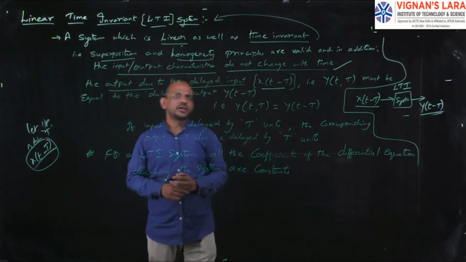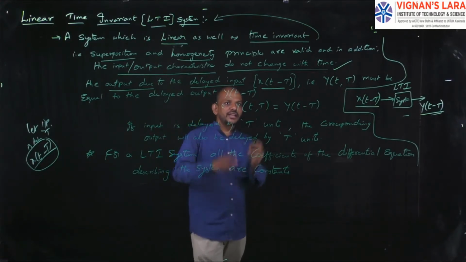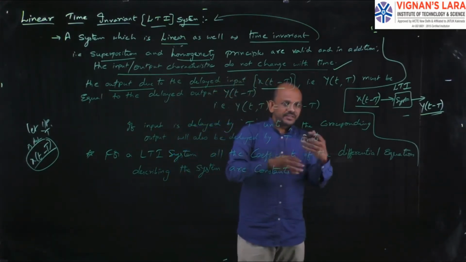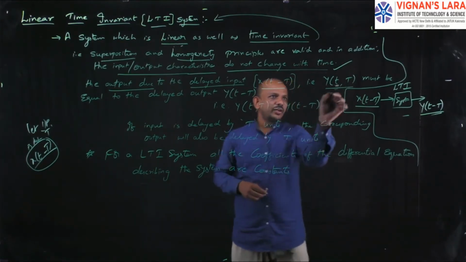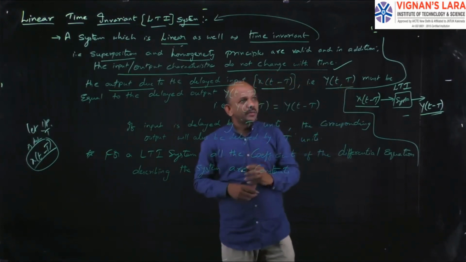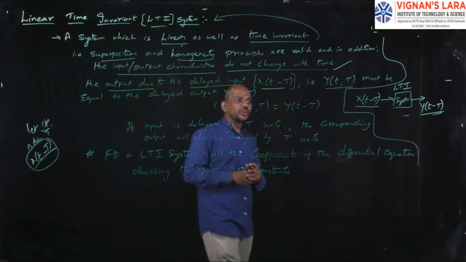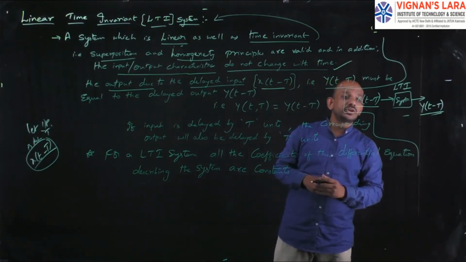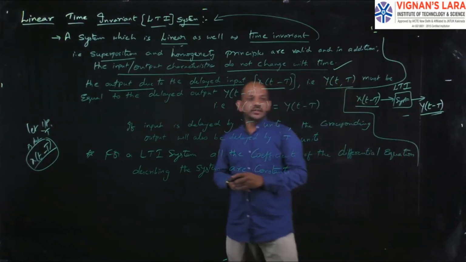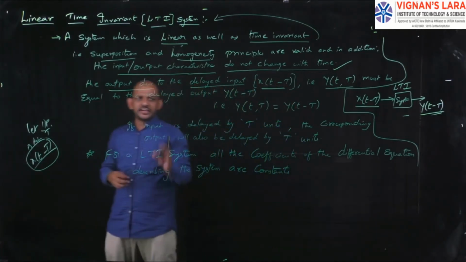Simply, the output due to delayed input. Here the delayed input is this one, and I am representing that as y of small t comma capital T. Here y of small t comma capital T is the output due to delayed input. That is, I delay the input by capital T seconds and give it to the system, and it produces an output.